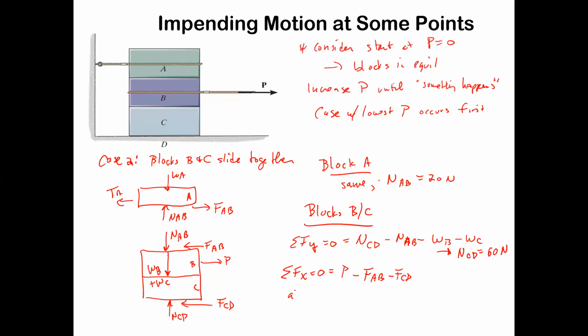And at impending motion, FAB is going to equal mu times NAB, which is 5 newtons, like before. And FCD is mu times NCD, which is going to be 15 newtons. So this is telling us, in this case, P would have to be 20 newtons.